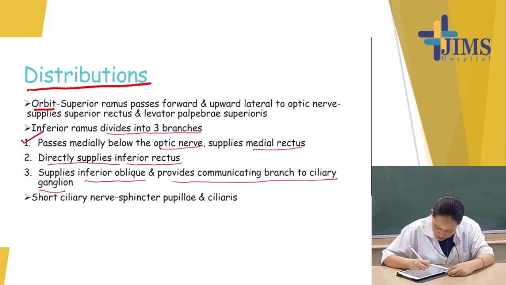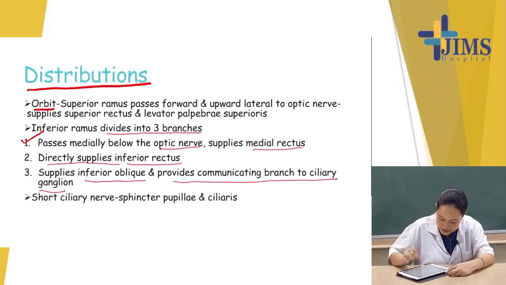First is the superior ramus and second one is the inferior ramus. This is the inferior ramus, this is the superior ramus. Then we have got our extraocular muscles. We have got the levator palpebrae superioris, then we have got the superior rectus here. So, this is the levator palpebrae superioris, this is the superior rectus.